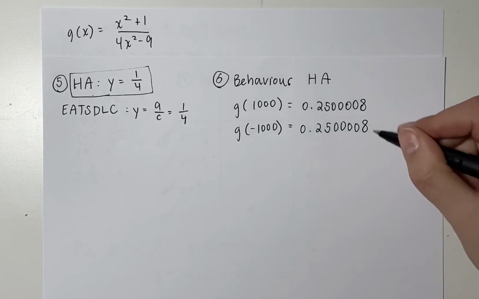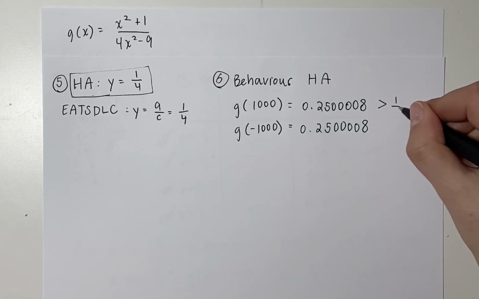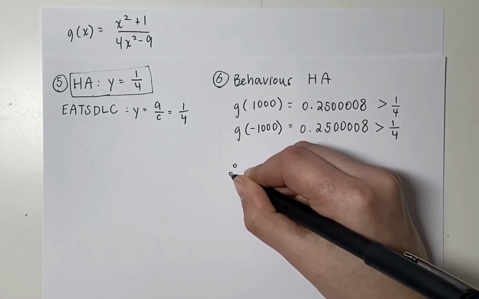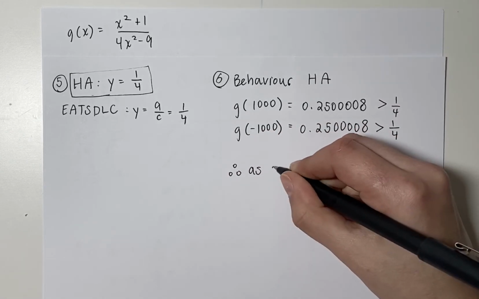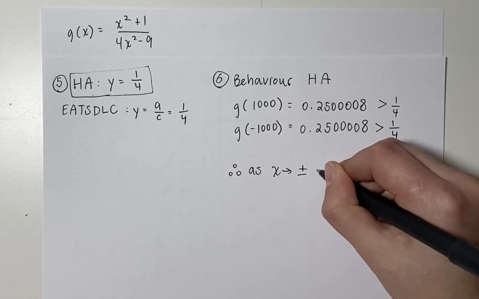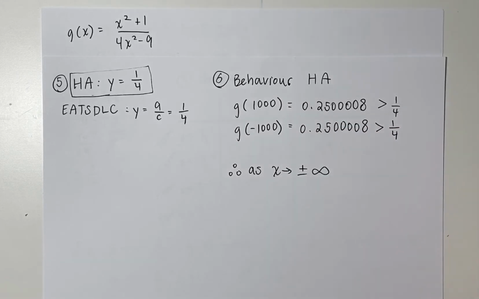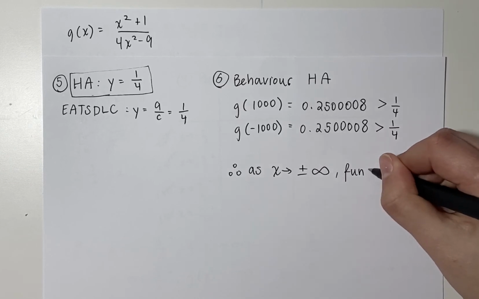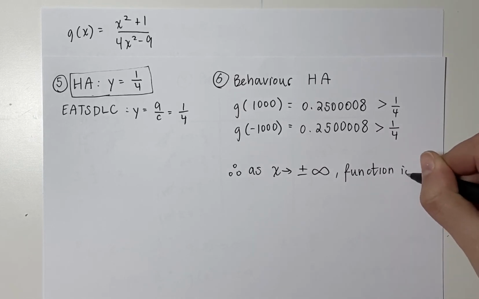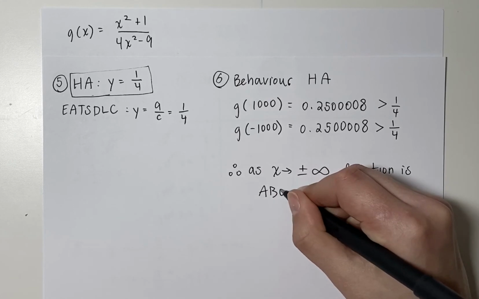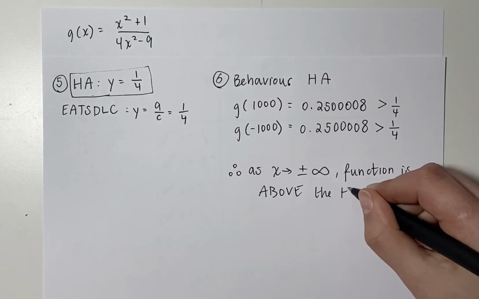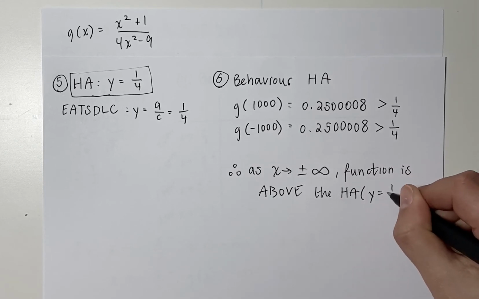Both of these are greater than 1 over 4. So what that tells us is as x approaches positive and negative infinity, so the 1000 and the negative 1000, the function is above the horizontal asymptote, since it's greater, which is y equals 1 over 4.